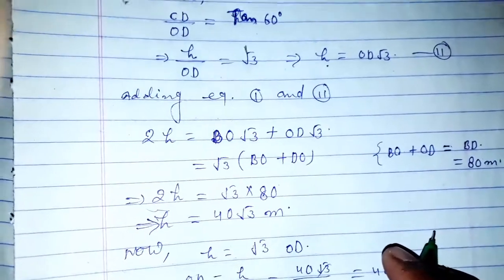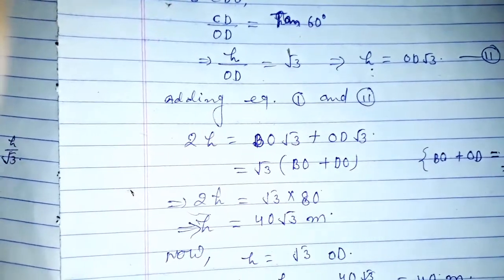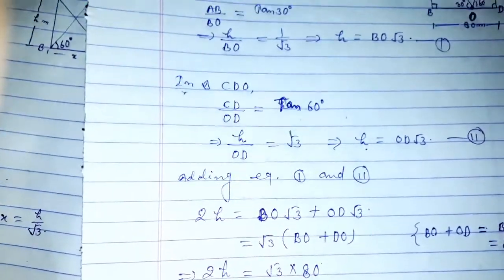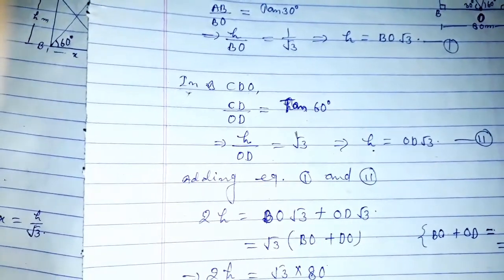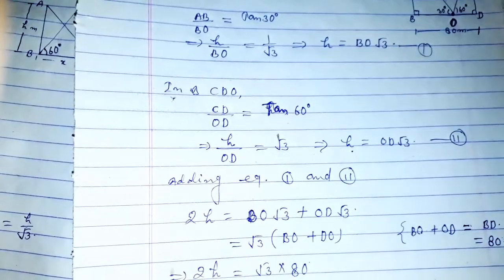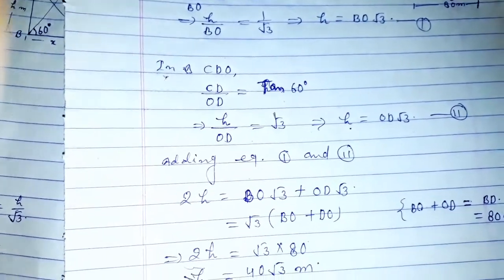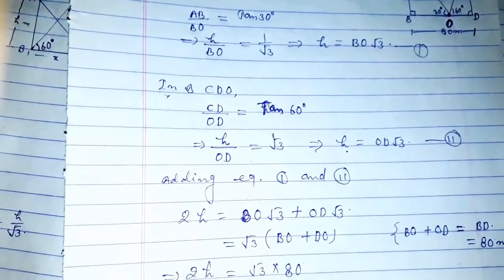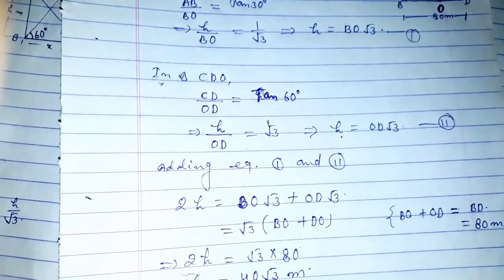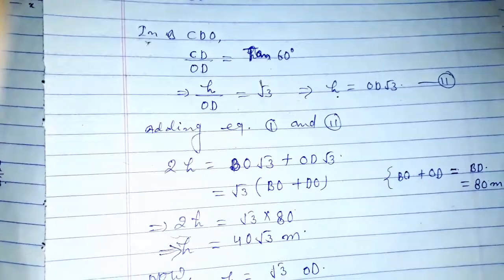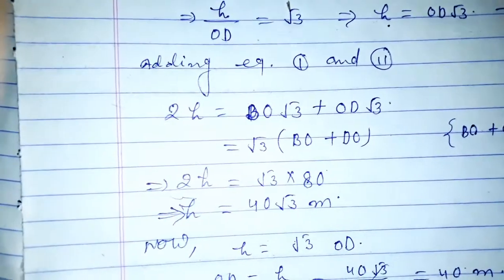And OB is equal to h upon root 3, so this is also 40 meter. Answer. Thank you.